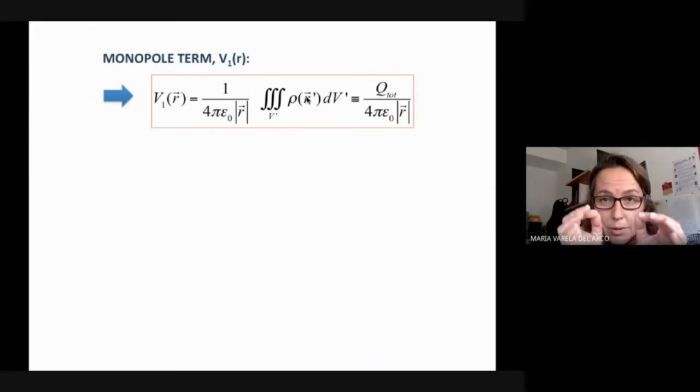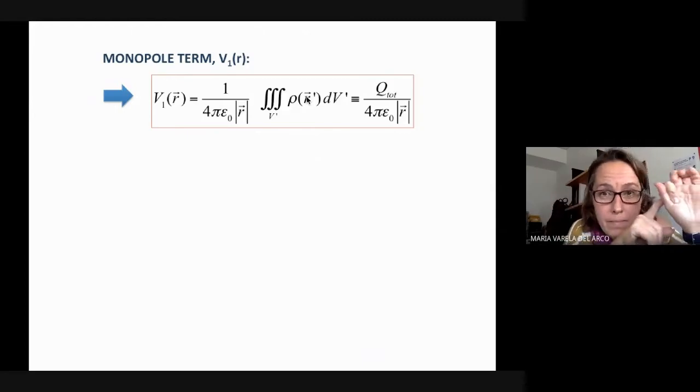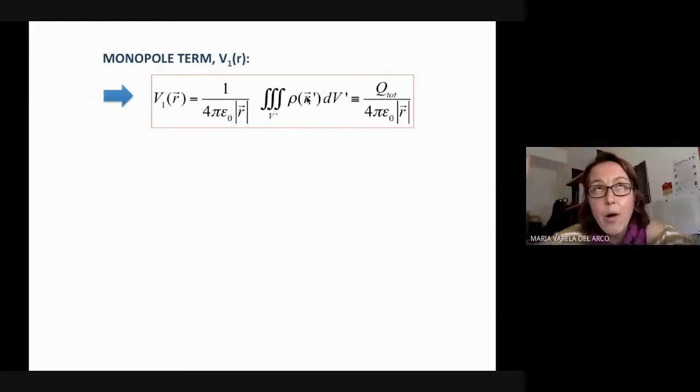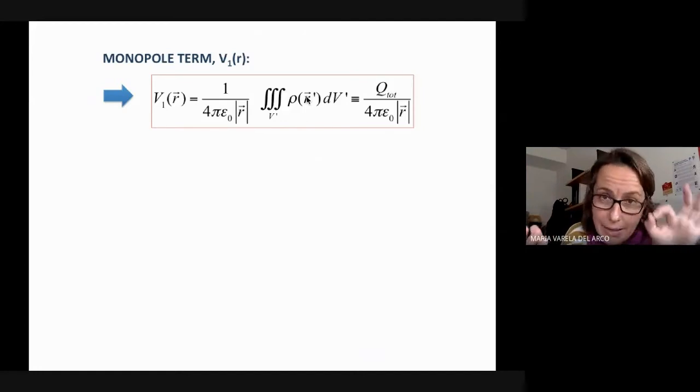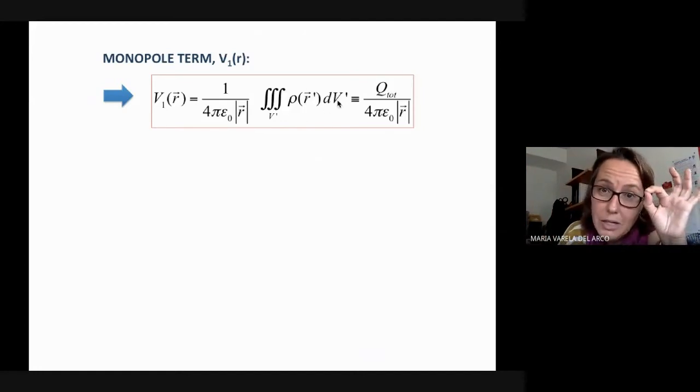So the monopole term does represent the potential that a point charge placed at the origin would generate around it, as long as the net value of this point charge was the total charge in my distribution.